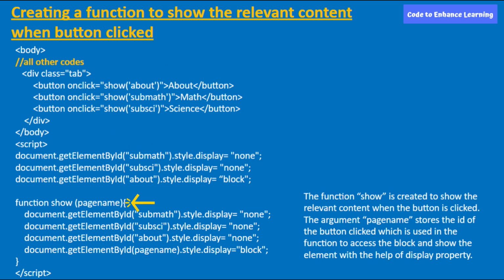Then the function show(pageName) does 2 things. First of all, it hides all 3 sections so nothing extra is shown. Then it shows the section whose ID is passed in pageName. It's like saying hide everything first, then show only what I want.